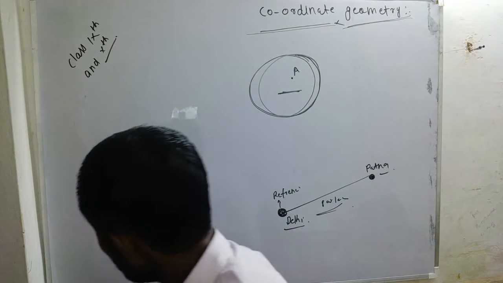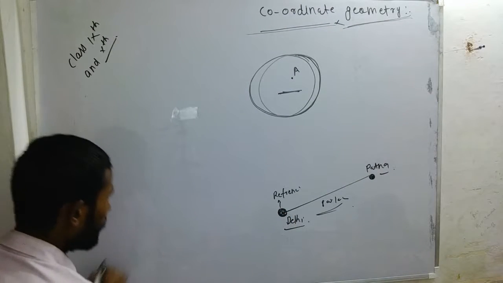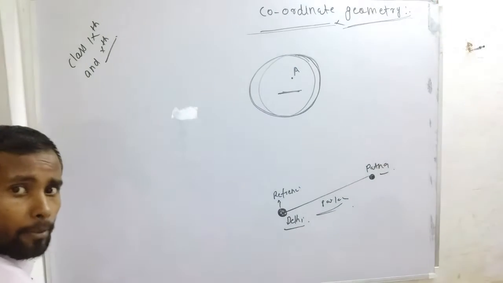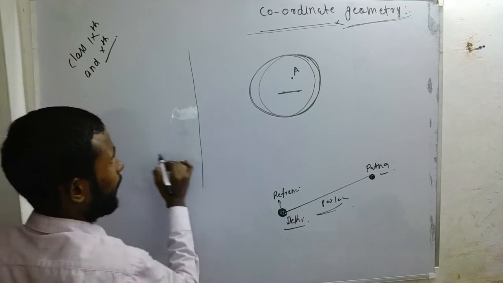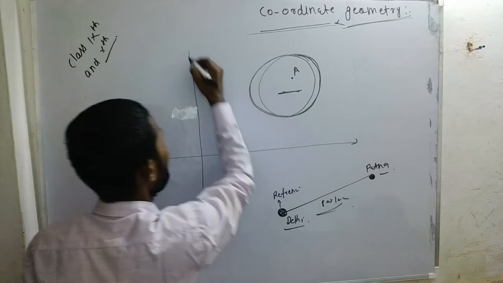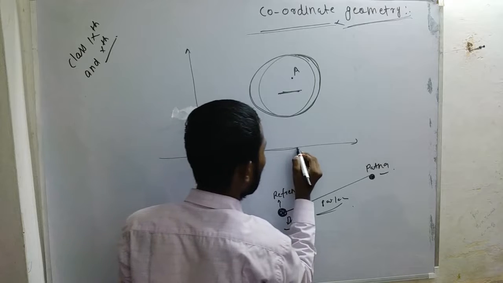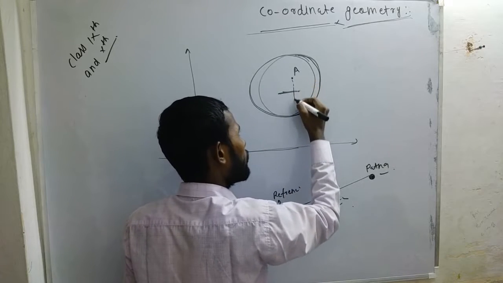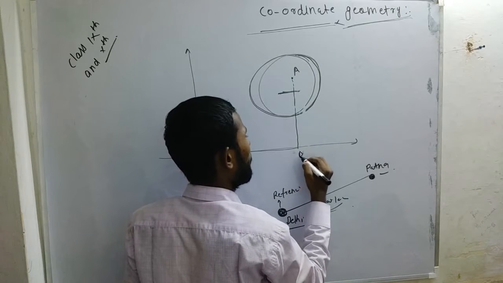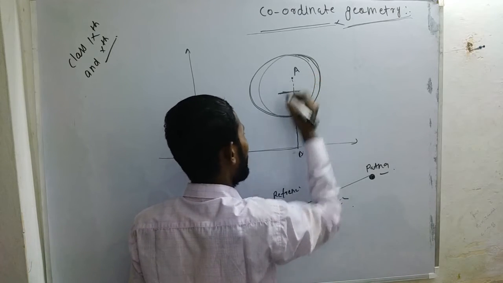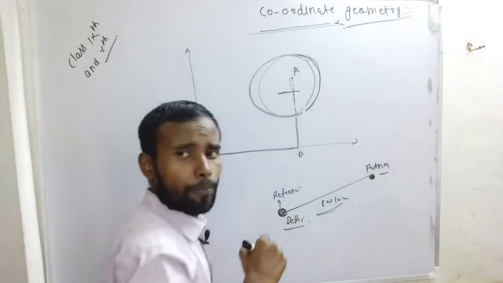Now, if we know the distance from this point to this, and we also know the distance from this point B to A, then we can reach near this point in this way.